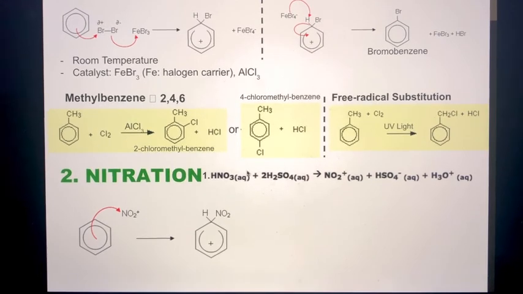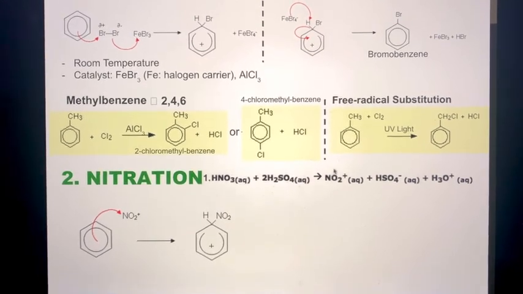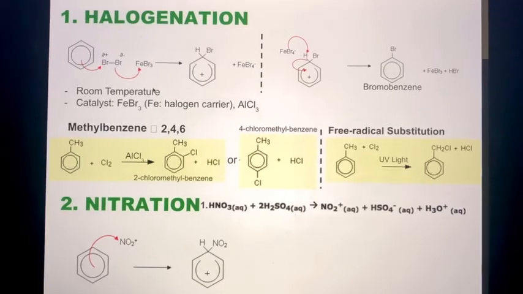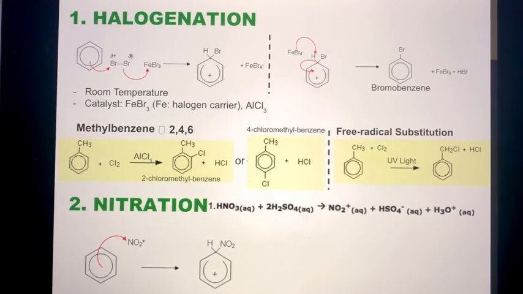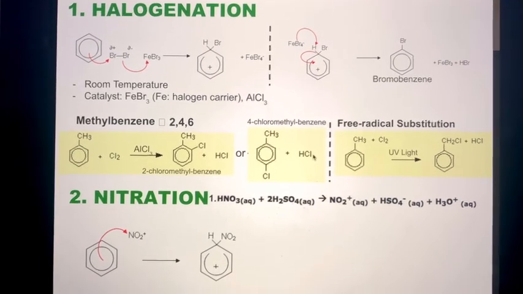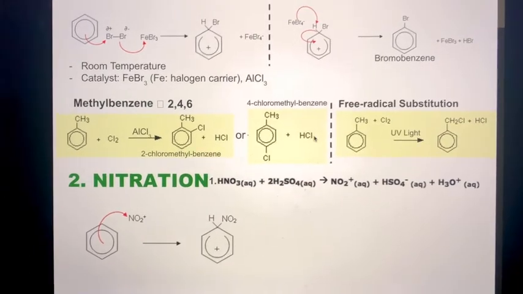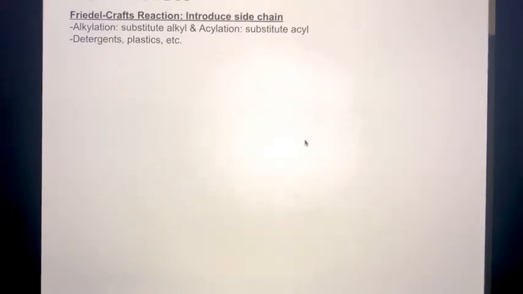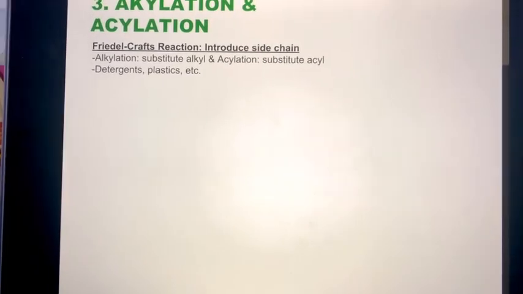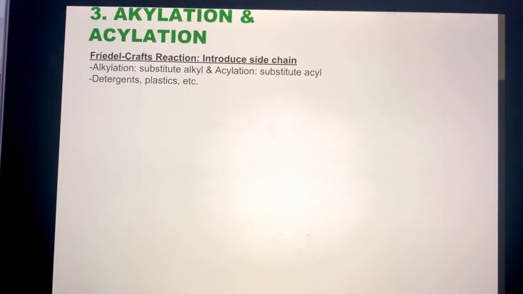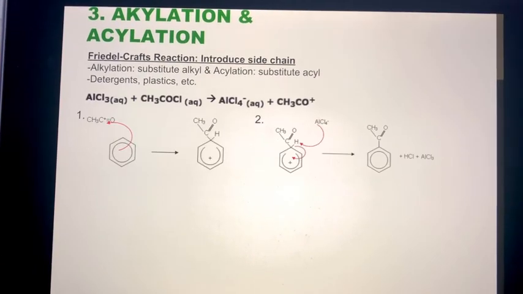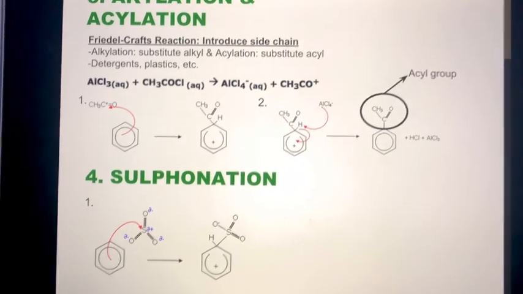We need a reaction to prepare the electrophile. The same goes for the electrophile in halogenation. And then this is nitration. This is acylation and alkylation, with alkyl or acyl. And sulfonation.